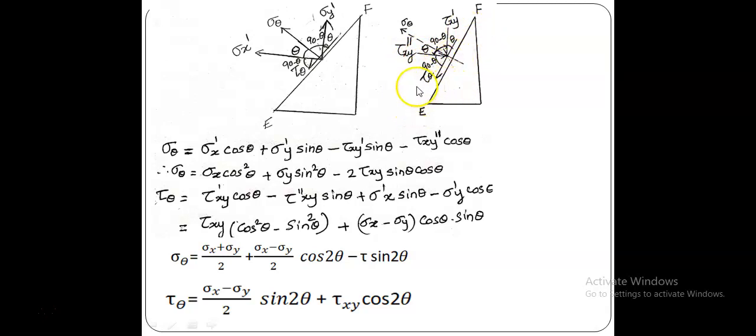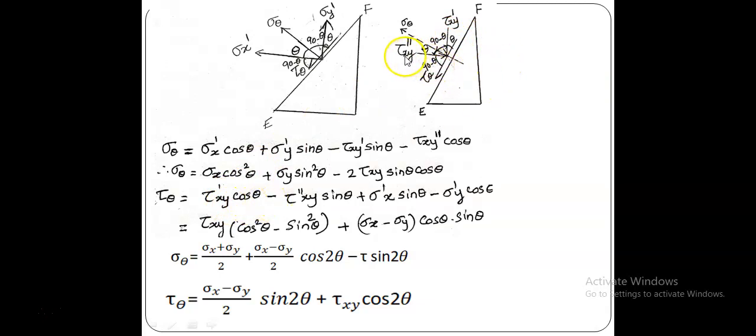Here you see that first let us take the tau xy dash. So this is angle theta, and this is downward, and this is also towards the downward direction, and therefore positive. Therefore tau xy dash cos theta.